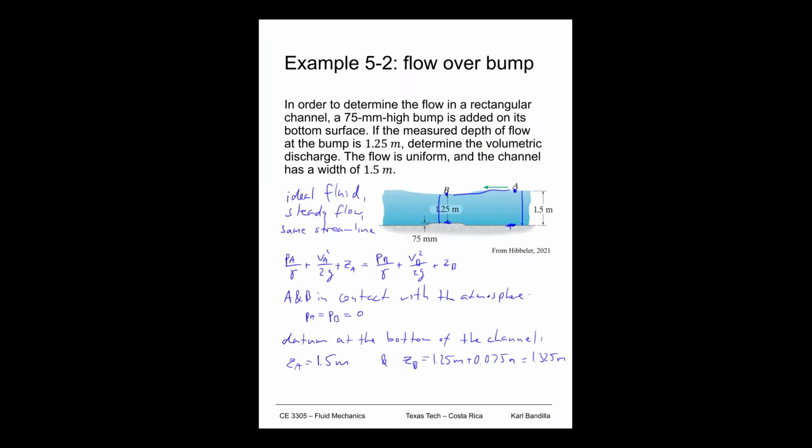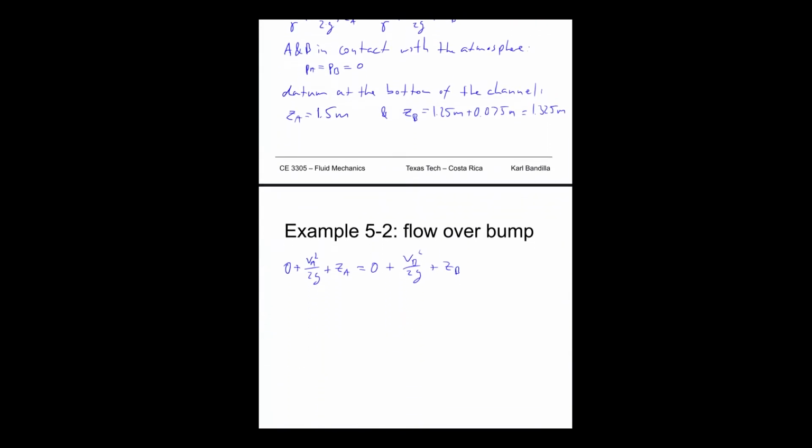Maybe real quick, this is our control volume. We'd have an A in this direction, an A in this direction, and then a V in this direction and a V in that direction. So at A it's going to be negative because they're in opposite directions, and at B it's going to be positive.